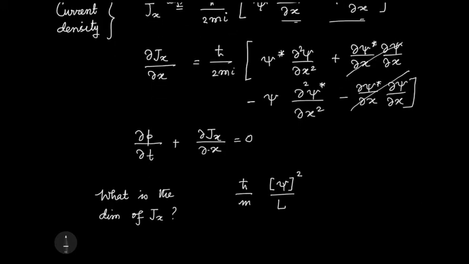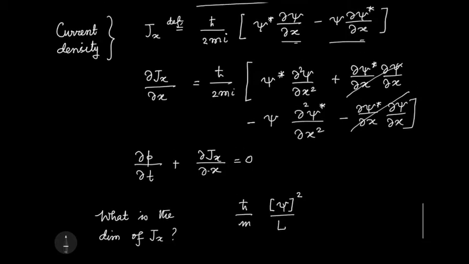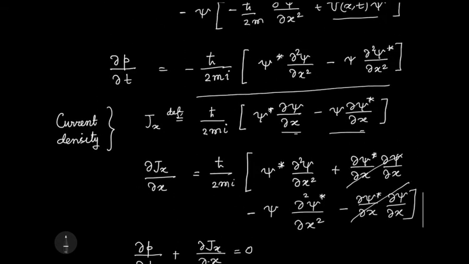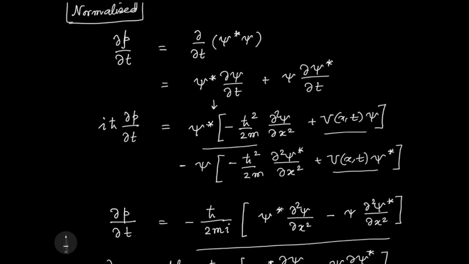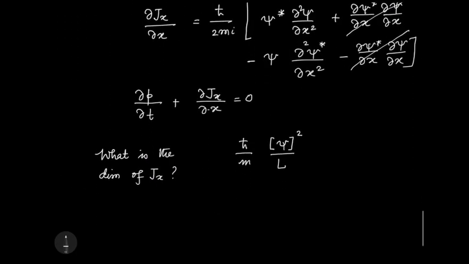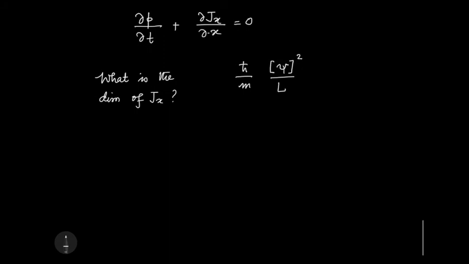Now you know already that. Okay, so an easier way to calculate what you expect the dimension to be is to remember that this term minus h cross square by 2m del 2 psi del x2 has the dimension of energy, right? No, okay. So let's do it in the right way.